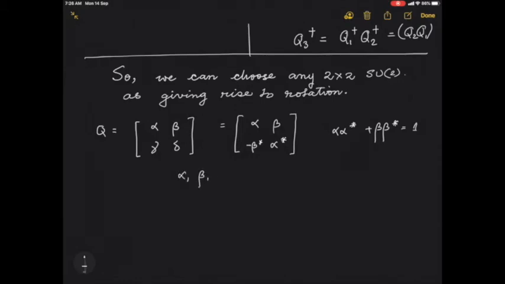Now these parameters have a name, just like we had names for the angles. We call them Euler angles. These are called Cayley-Klein parameters.